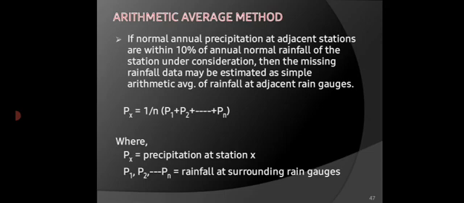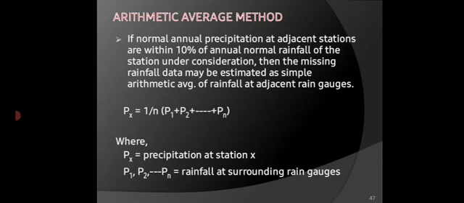The summation of the values divided by the number of values. The same concept is applied here. If the normal annual precipitation at adjacent stations is within 10% of the annual normal rainfall of the station under consideration, then the missing rainfall data may be estimated by a simple arithmetic average. So if the number of rain gauges is limited, then this method can be applied.